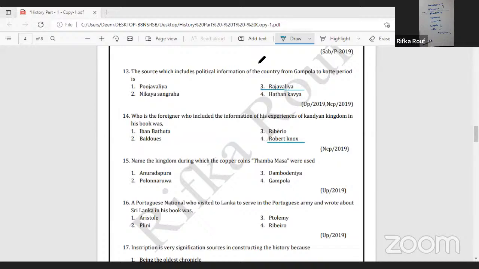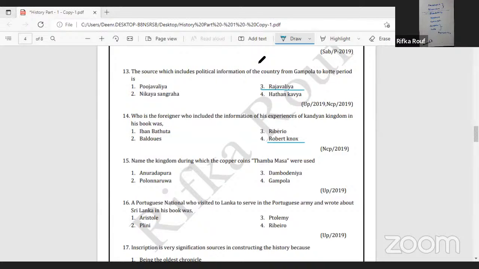On that occasion, Robert Knox along with his 16 people were arrested by the king of the Kandyan kingdom at that time, Rajasingha the second. So who is Rajasingha the second? The youngest son of King Senarath, who also had the earlier name of Prince Maha.